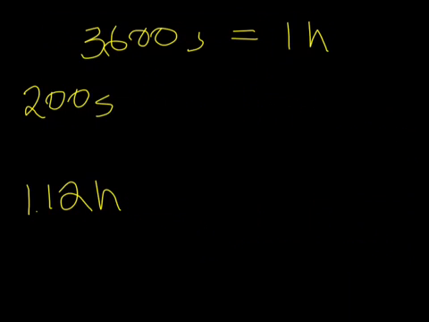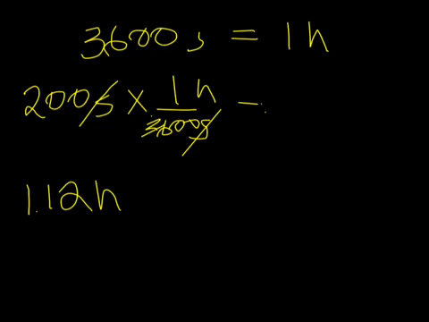I can use that same concept with time. 3,600 seconds is equal to 1 hour. So if I have 200 seconds, I can get rid of the seconds by putting them in the denominator and hours in the numerator. That's going to cancel out my seconds. And 3,600 seconds is equal to 1 hour.